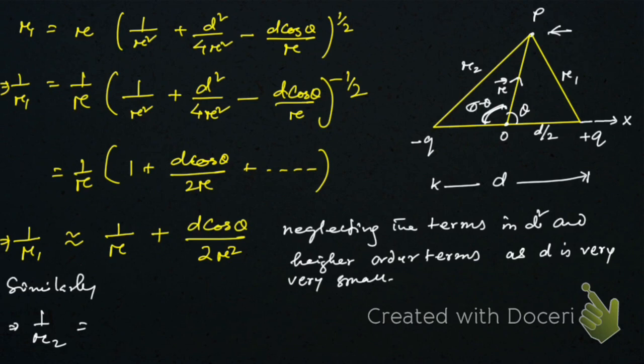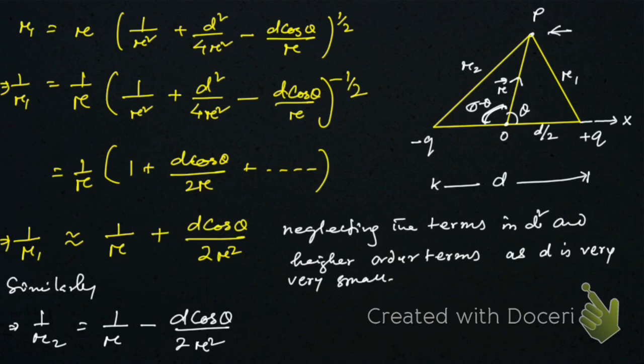So here cos of pi minus theta, that's going to be minus cos theta. So that's why your result is going to be 1 by r minus d cos theta by 2 r square, right? That's how we will get. So now we have got 1 by r1 and 1 by r2.